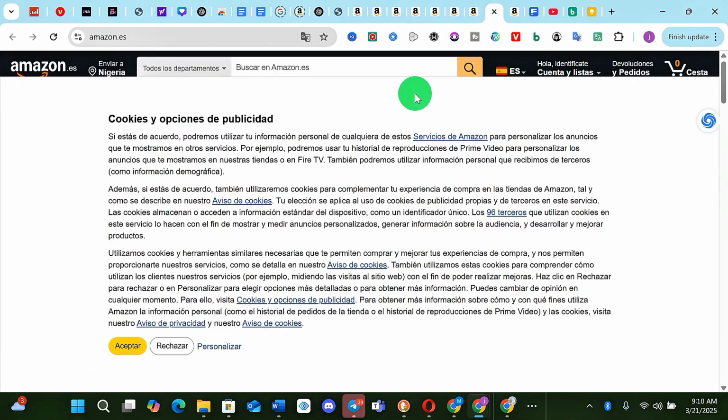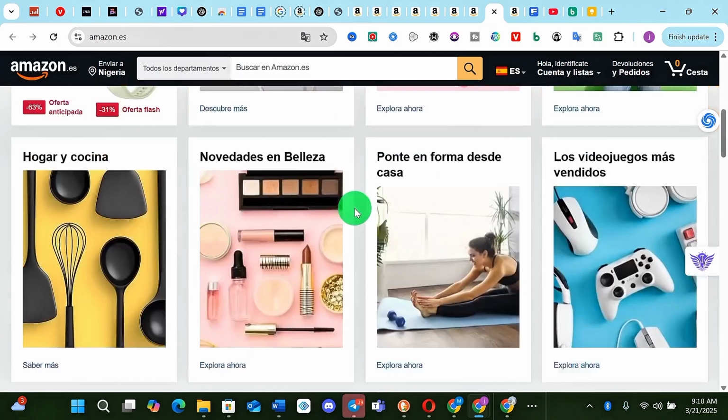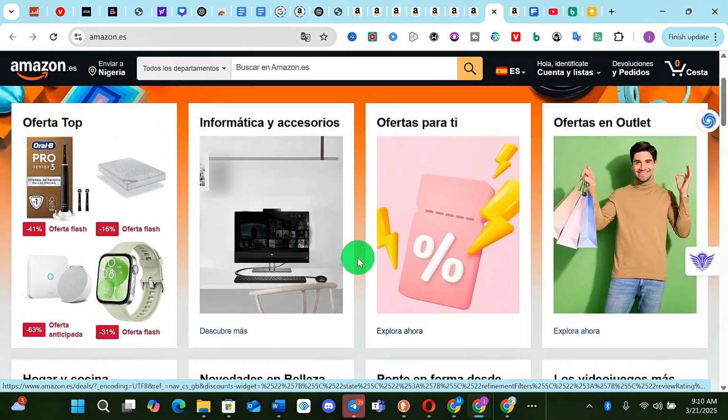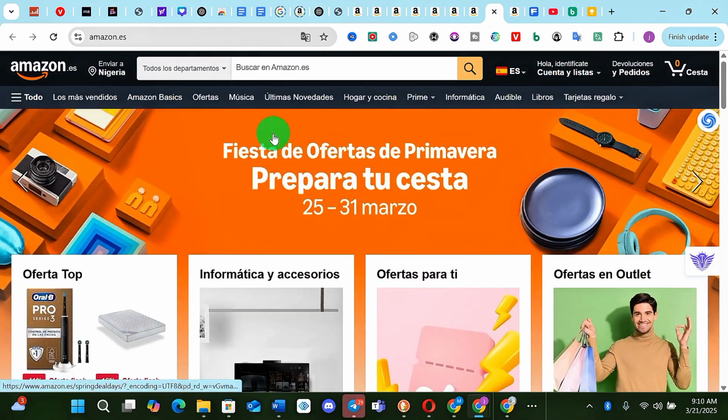And the next market we have here is Amazon.es, which is for the Spanish market. This is one market that can really make you a lot of money. Though the number of monthly visitors is not much, just 145 million, if you know the niches that really sell very well in the Spanish market, you can make a crazy amount of money on Amazon with it.